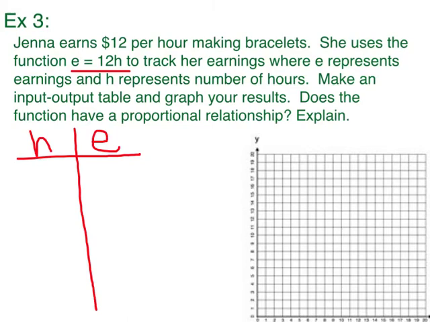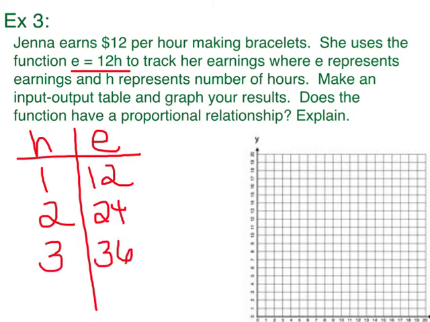Because we're talking about hours, I'm not going to use any negatives. So I'm going to start with 1 hour. If she works 1 hour, she makes $12. If she works 2 hours, she makes $24. If she works 3 hours, she makes $36, and 4 hours is $48. Now, I'm going to graph this, and I'm going to count my graph by 2's.